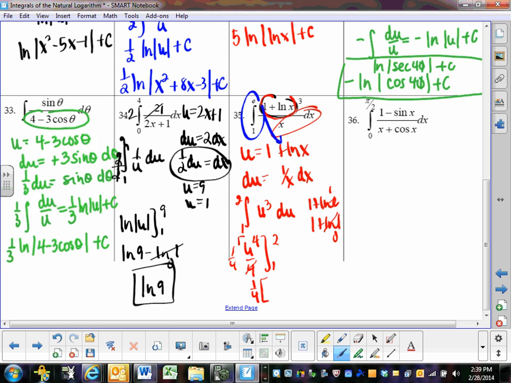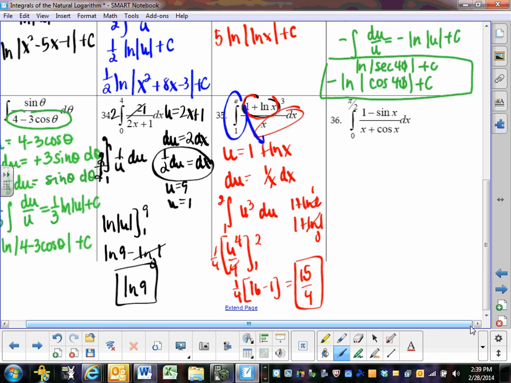Okay, so for here, I'm going to pull out the 2, so I have 1 on top. My u is going to be 2x plus 1. My du is going to be 2 dx, so 1/2 of du is equal to dx. We change the limits. If I substitute 4 in for x, I get 9. If I substitute 0 in for x, I get 1.